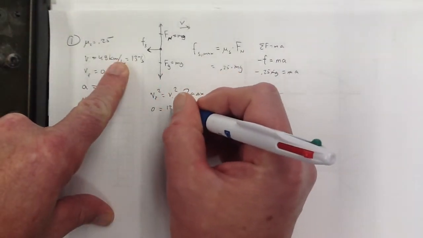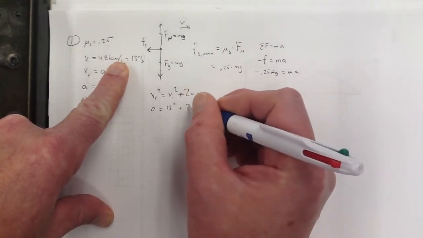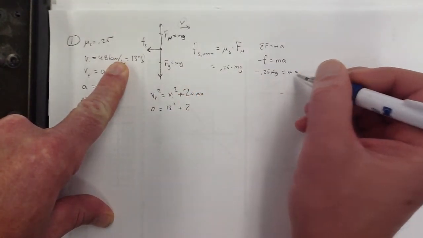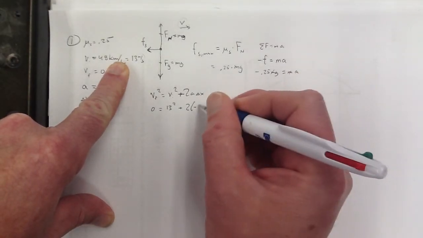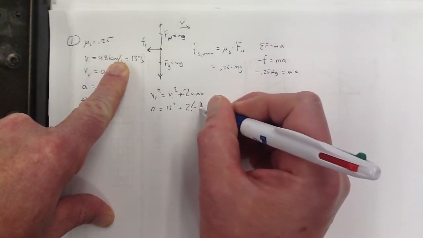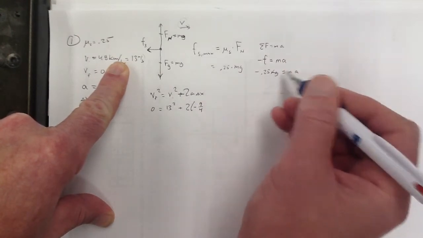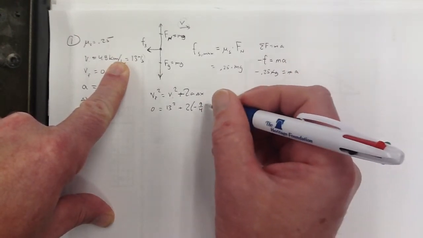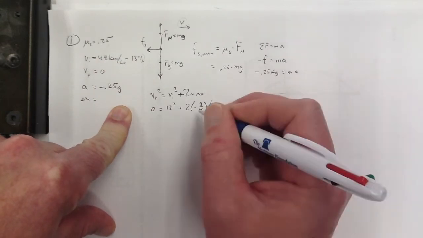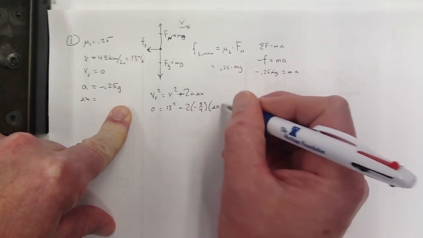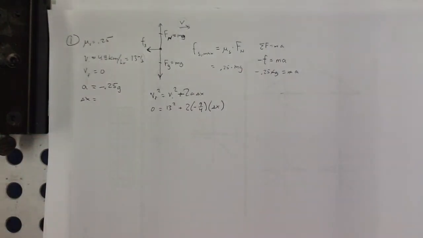Initial velocity is 13. The acceleration is negative g over 4, 0.25 g. That's a quarter of it, however you want to write that. Times delta x.